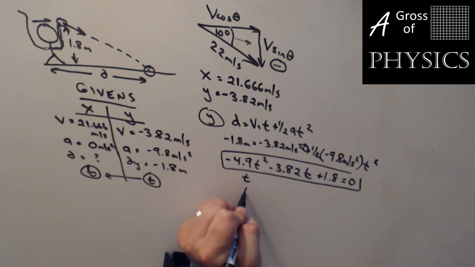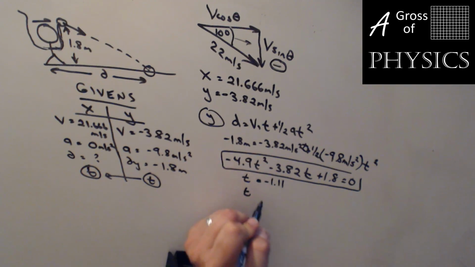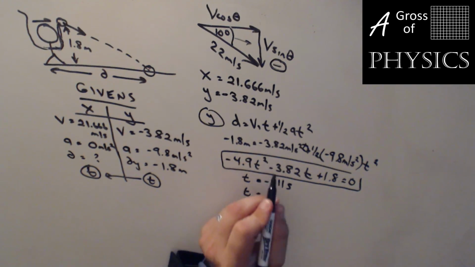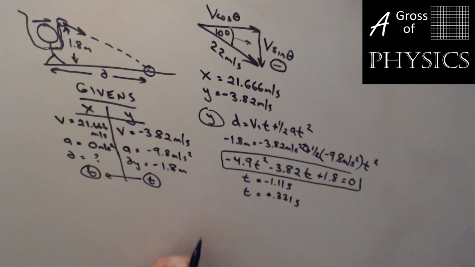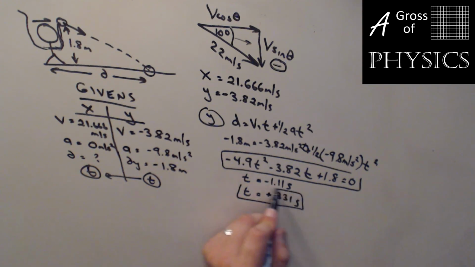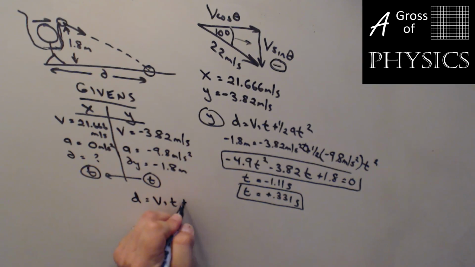And I'm going to get two roots. The first root will be negative 1.11, and these are seconds, and the other is positive 0.331 seconds. Now, of course, I want to use the positive 0.331. So when I go to the x direction, d equals vi t plus 1/2 a t squared.